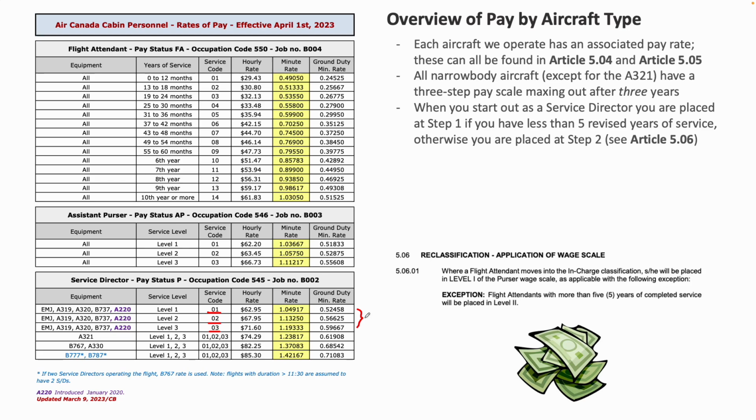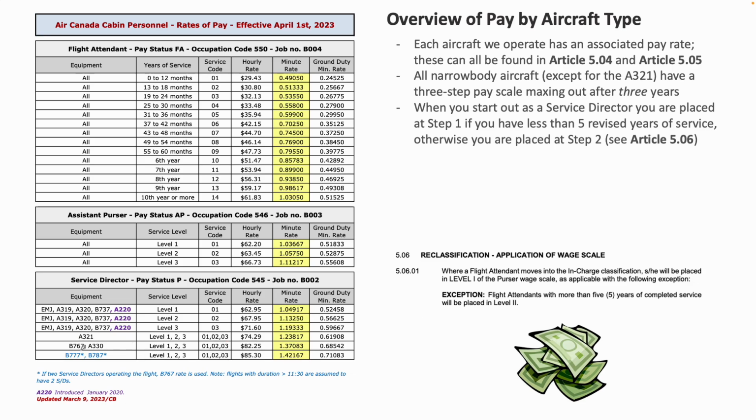On the other hand, if we look at the Airbus 321, we can see that there are all three together on the same line, so 01, 02, and 03 for service code, and that means that you immediately max out on the pay scale whenever flying the Airbus 321.